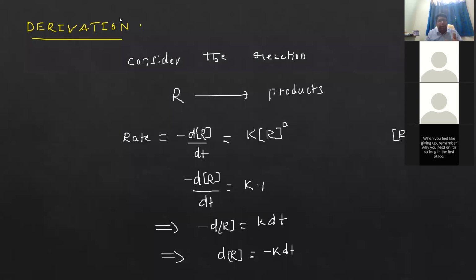Therefore, this can be written as minus d of concentration of R by dt is equal to K. So minus dR is equal to K dt. For convenience, d of concentration of R is equal to minus K dt.